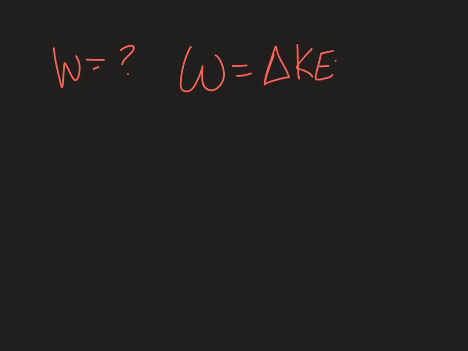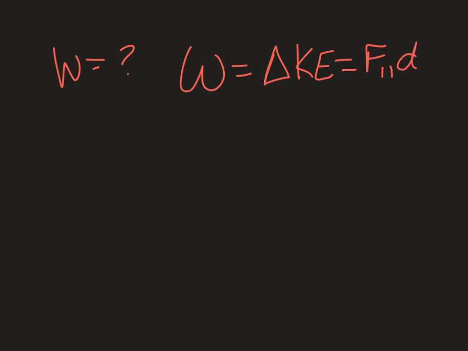For our last question, we've been asked how much work was done by the skater. Well, let's recall from our Unit 3 that work is the change in kinetic energy, or it is the force times the displacement along the same plane.